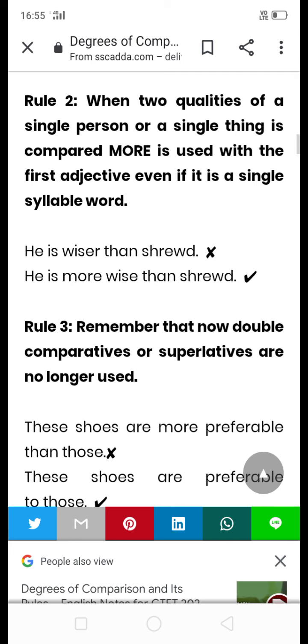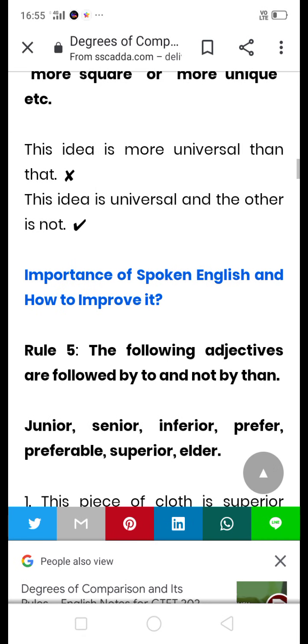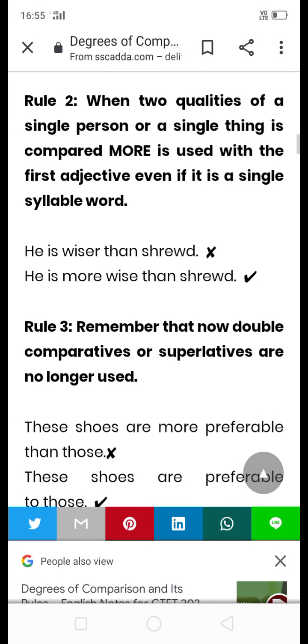And then rule number 3. Remember that now double comparatives or superlatives are no longer used. For example, see, these shoes are more preferable than those.